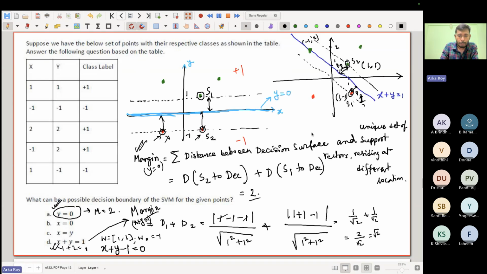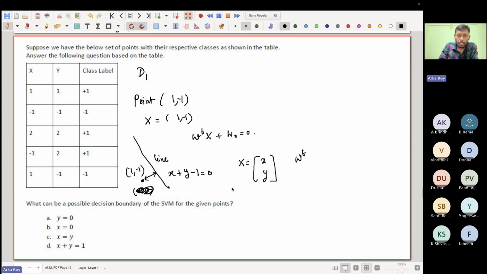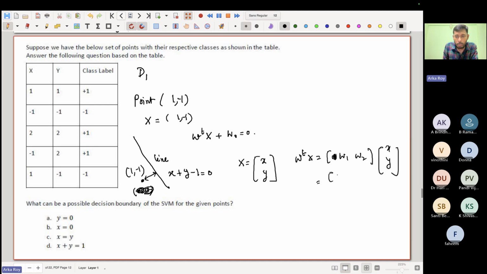I got it. Okay. So in the same logic, what we have done, let me just complete this. So it is W1, W2, and then you have X, Y. So in our case, the W1 and W2 are 1 and 1. The coefficients are 1 and 1.